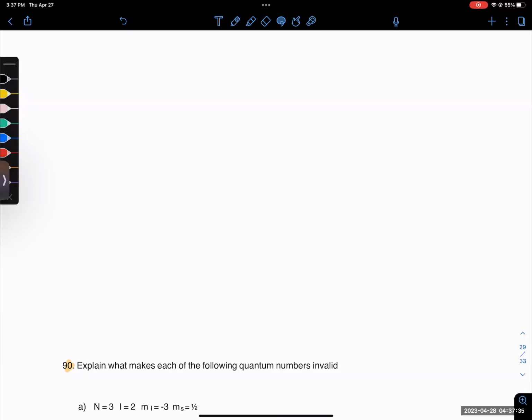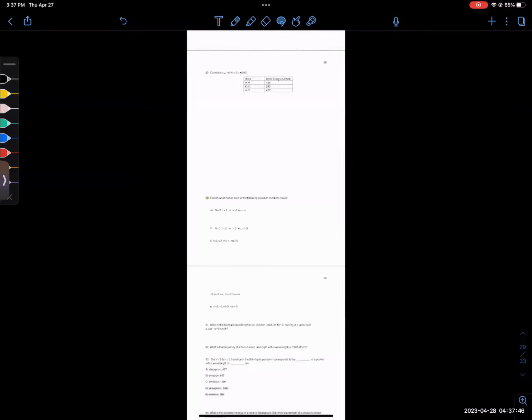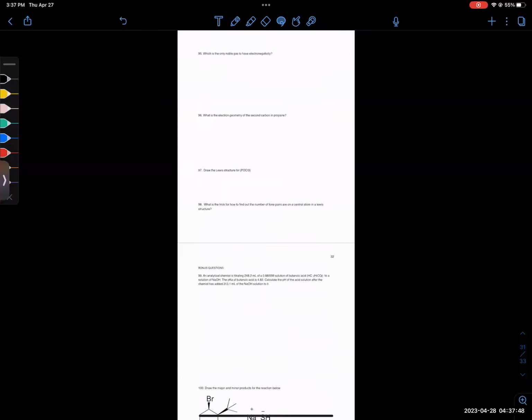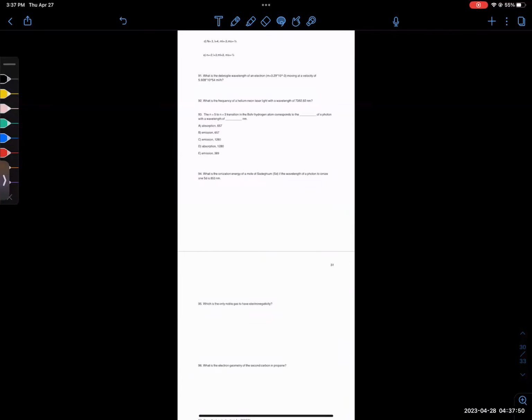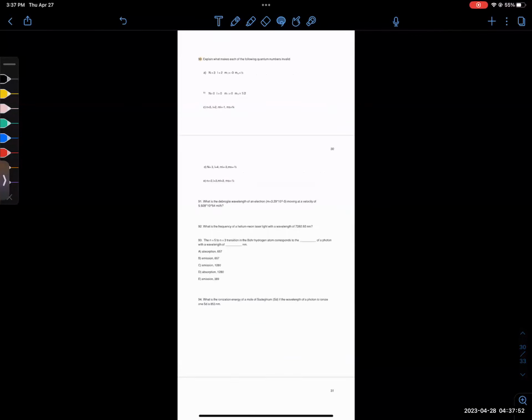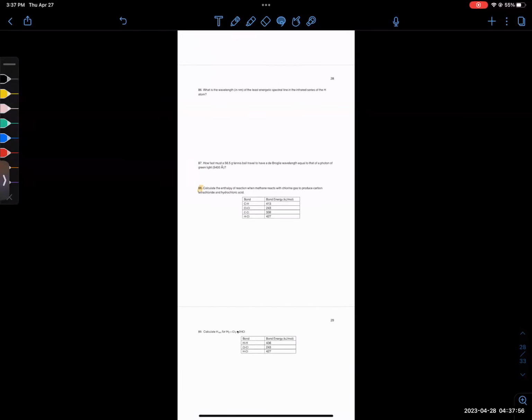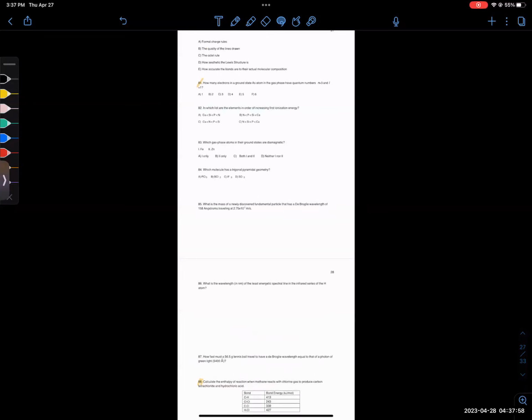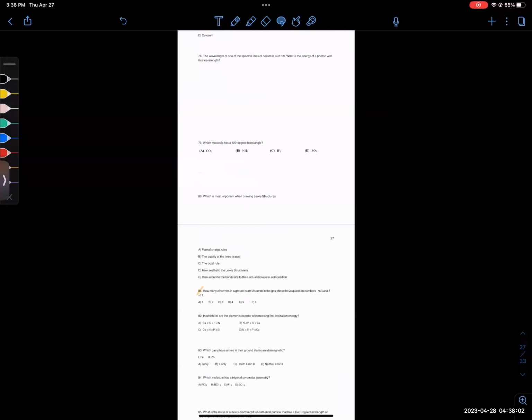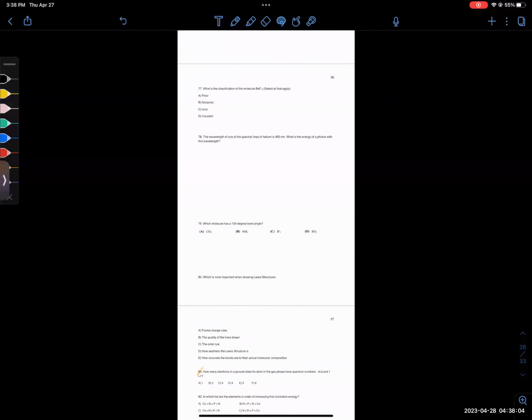Are there any other concepts anyone wants to go over? Polarity, yeah. It's kind of confusing.